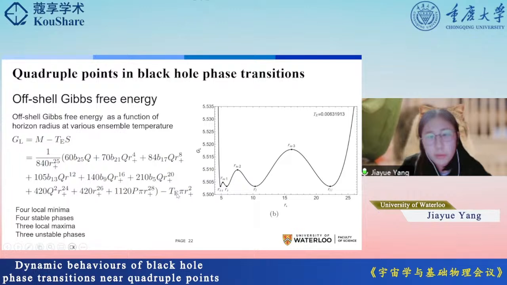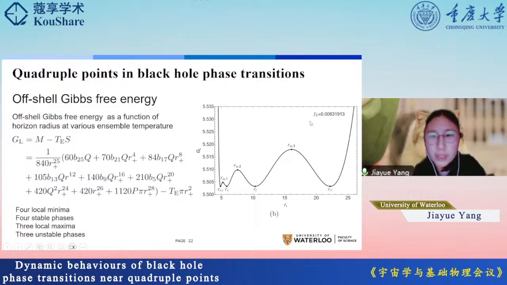And the 4 local minima here are the 4 stable phases, and all the other points on this curve are transition states. For the stable phases, we have r_SS, r_S, r_L, and r_LL. Now we can also say that at this specific ensemble temperature, the 4 share the same free energy. So this is the structure of the off-shell Gibbs free energy diagram.